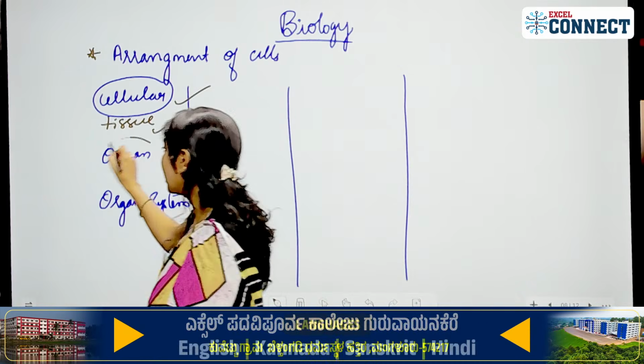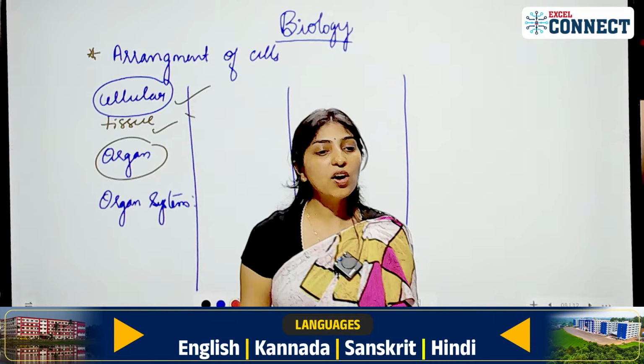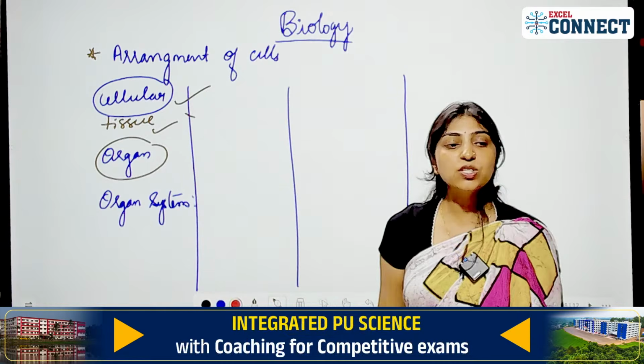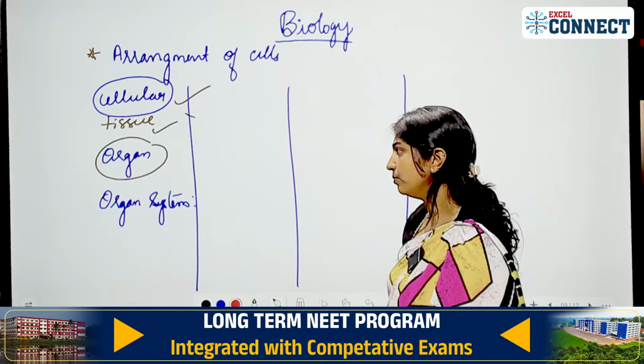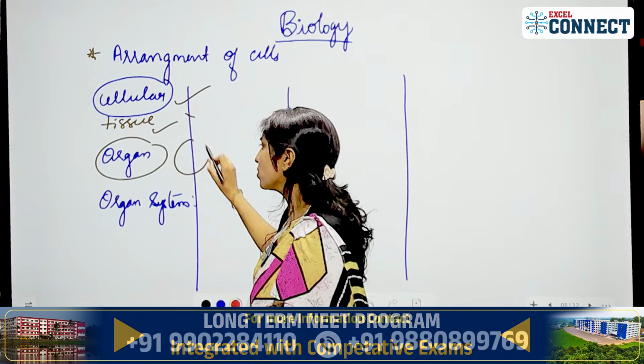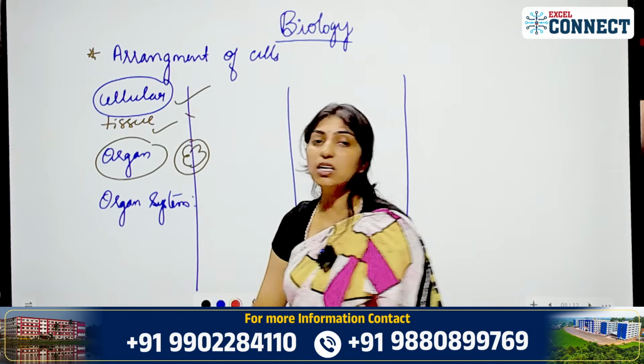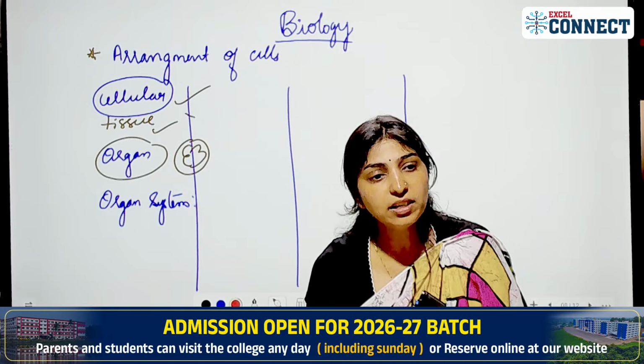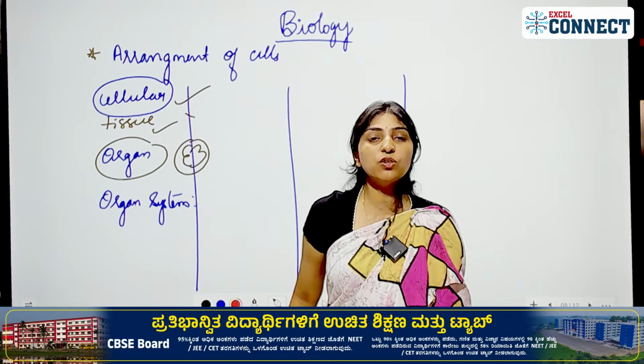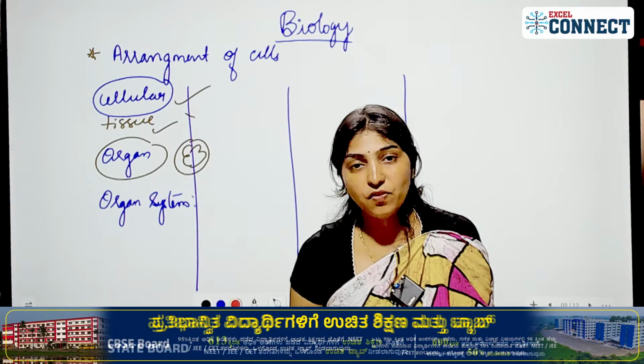Then we have the organ level: different types of tissue combine together to form an organ, and if the organ performs the body function, you call it the organ level of organization.